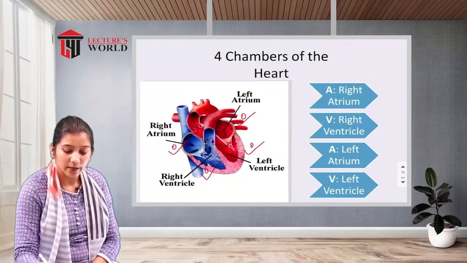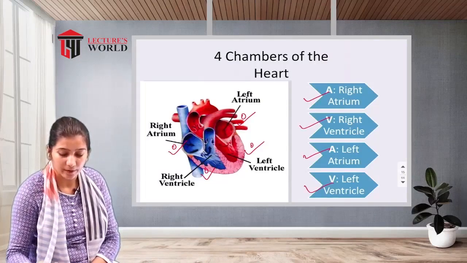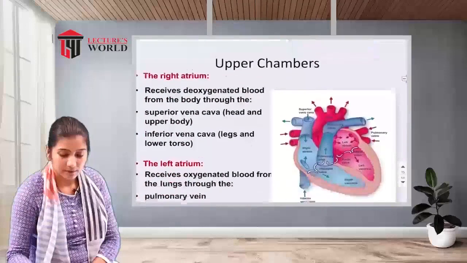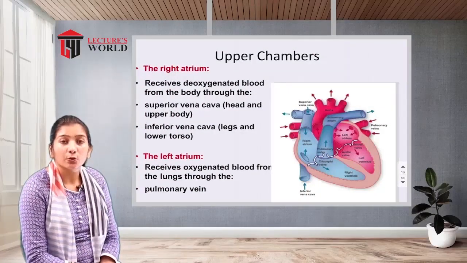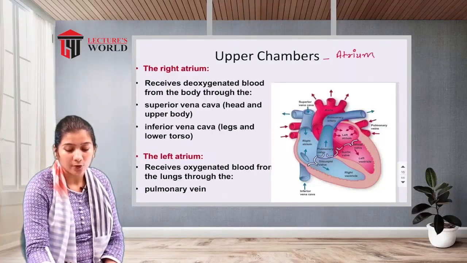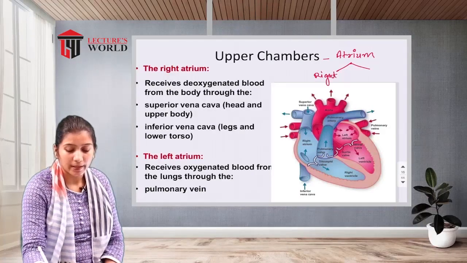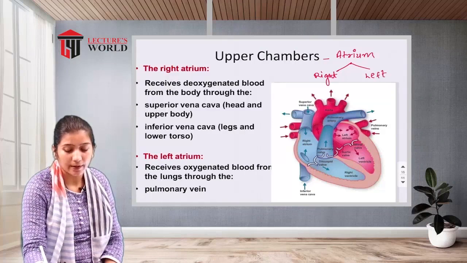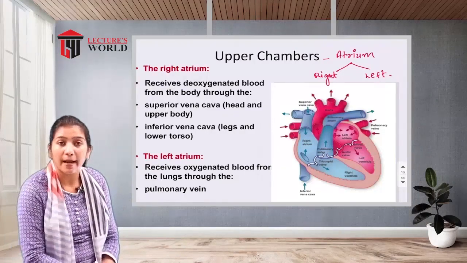So you can see over here, right atrium, right ventricle, left atrium and left ventricle. First we will talk about the two upper chambers, known as the atria. There are two atria, the right atrium and the left atrium. So first we will talk about the right atrium.